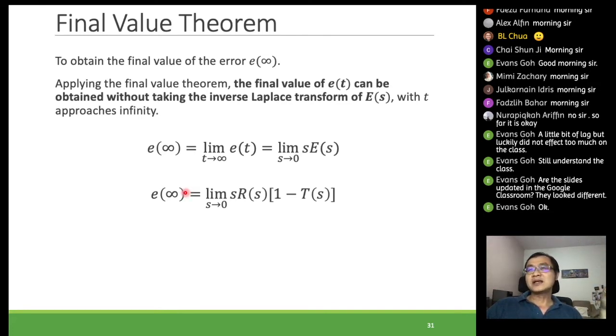You will notice that we don't even need to plot the graph or solve the Laplace transform. By doing this, we skip all the steps and immediately get the steady state error. This is the idea behind it.